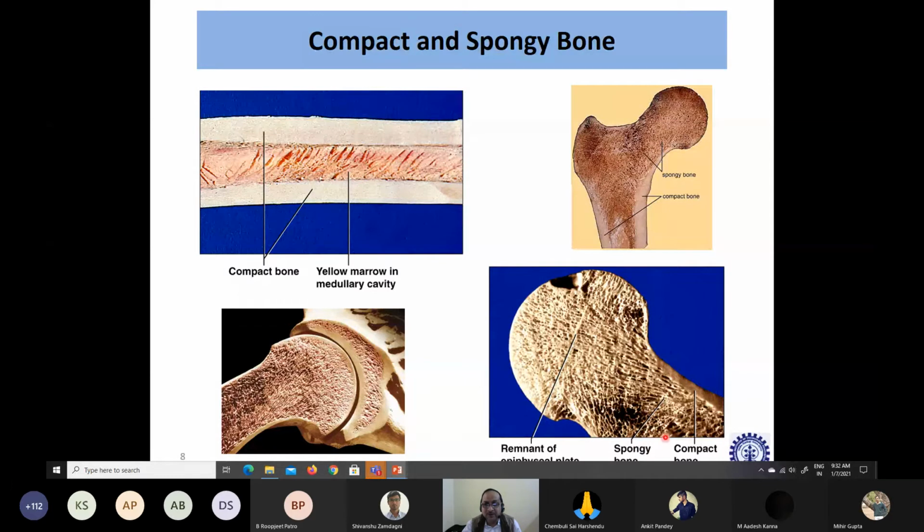So you can see here that there is variation in the density of the spongy bone, and it is covered by a compact bone layer.